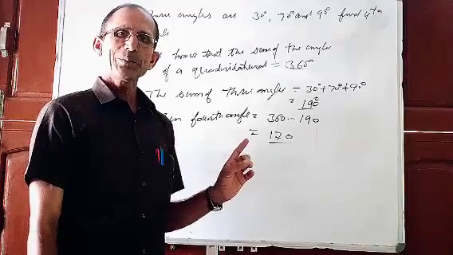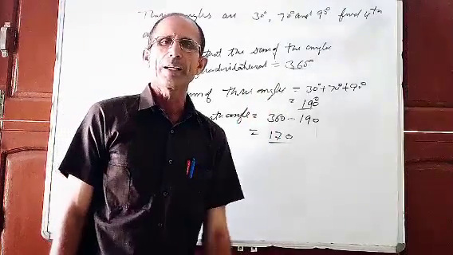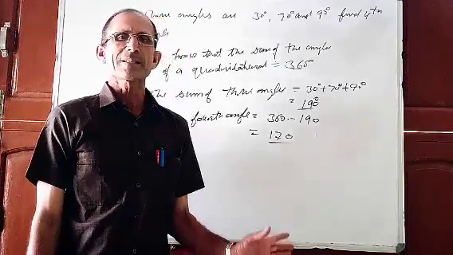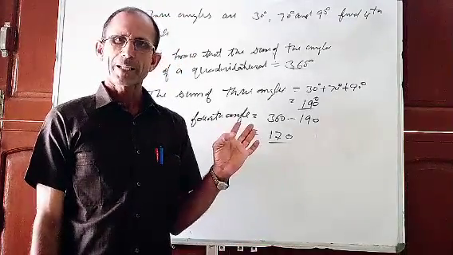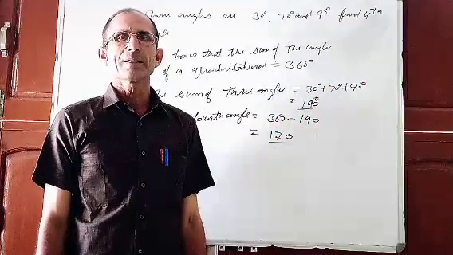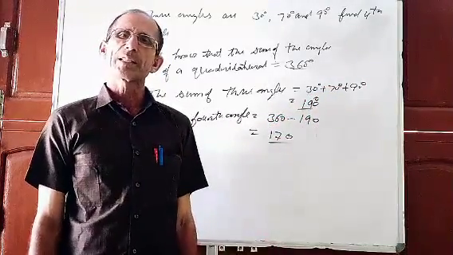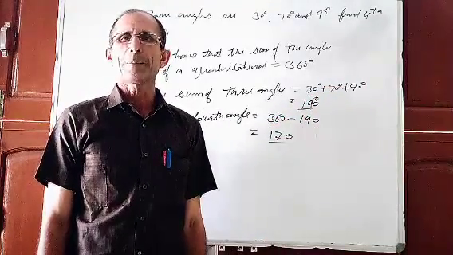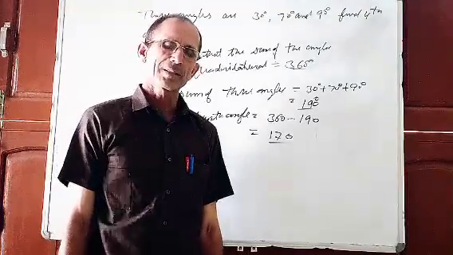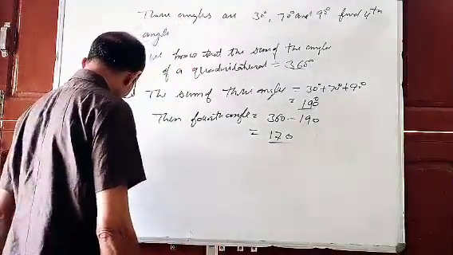Very simple, because the sum of the angles of a quadrilateral is 360. When the measures of three angles are given, add all the measures and subtract from 360. This way we can find the measure of the fourth angle. Have you understood? Yes. Now next question.